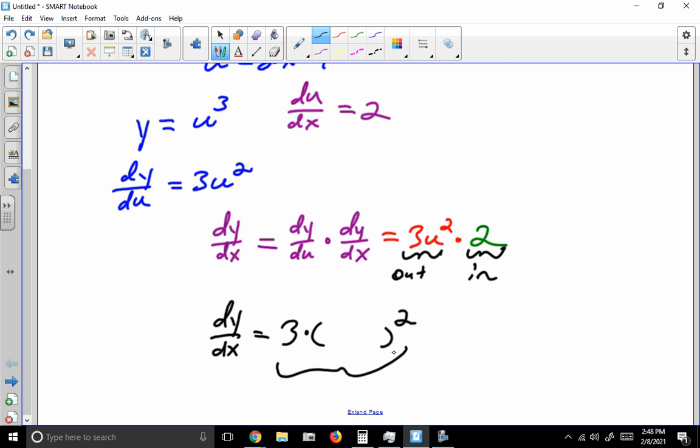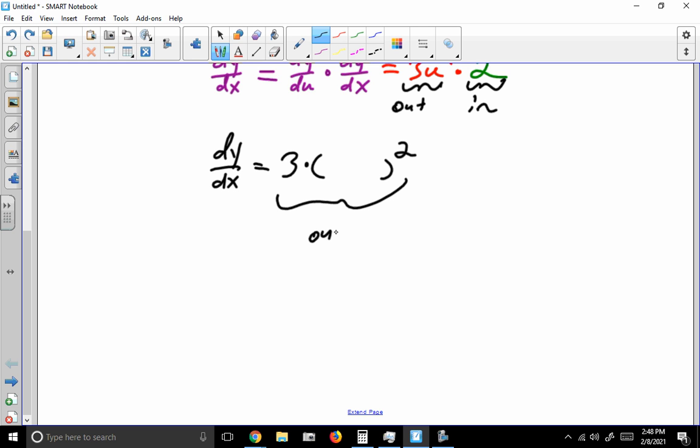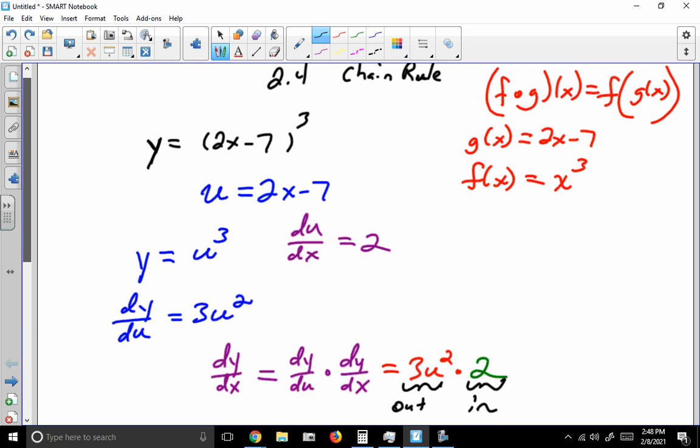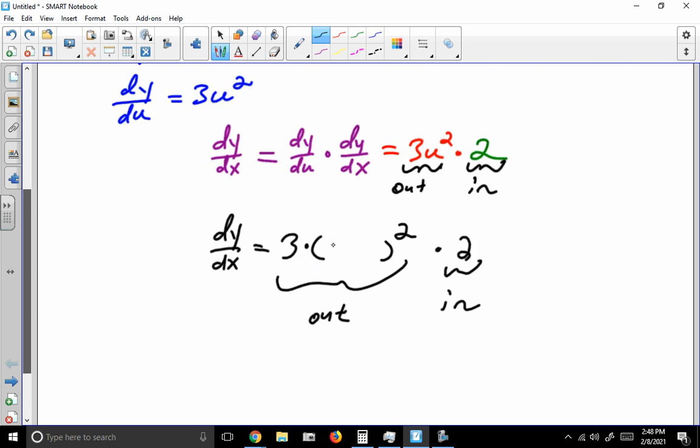That was our outside. We had a 2 over here. That was the derivative of the inside. 7. Of course, we could simplify that and call that 6 times 2x minus 7 squared.